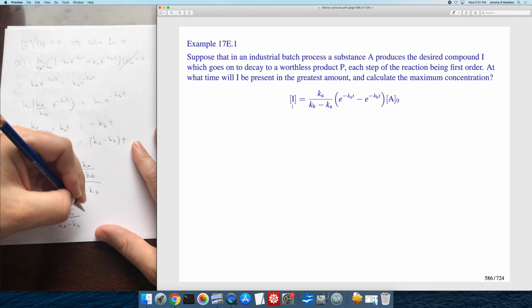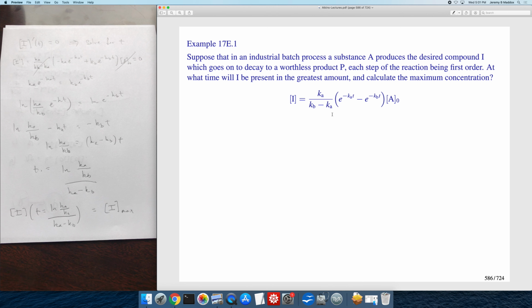That is going to be equal to your I max. You'll get an expression in terms of Ka, Kb and the initial concentration. I won't do that. It's just extra algebra, and I don't think it gives you a particularly simple result. So we'll just leave it at that.